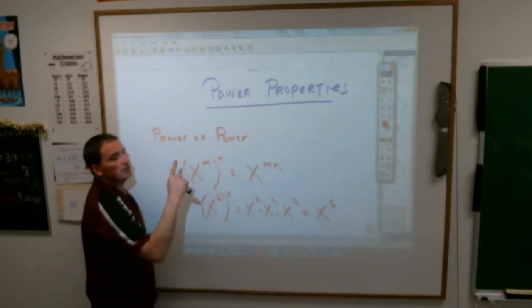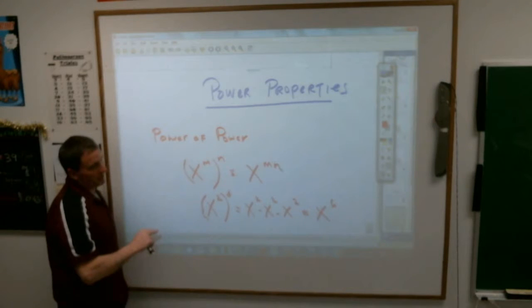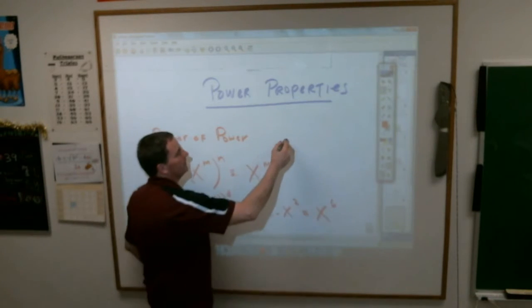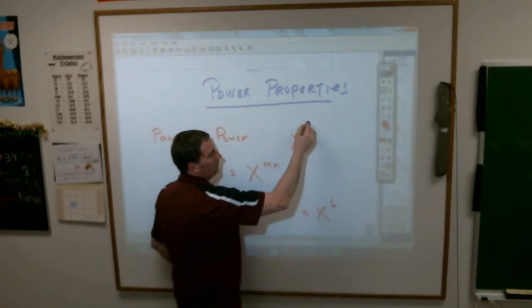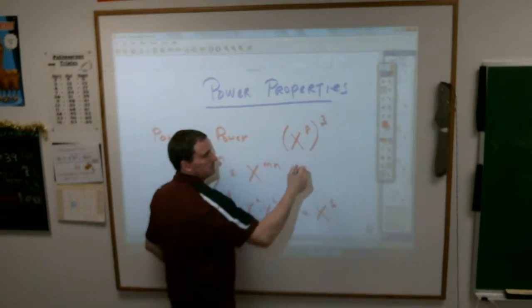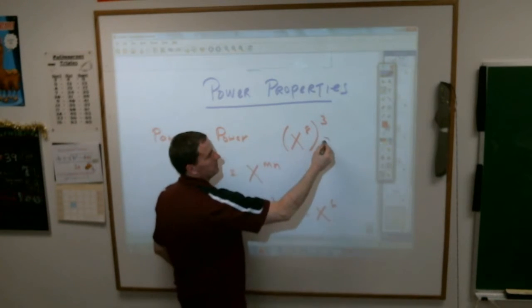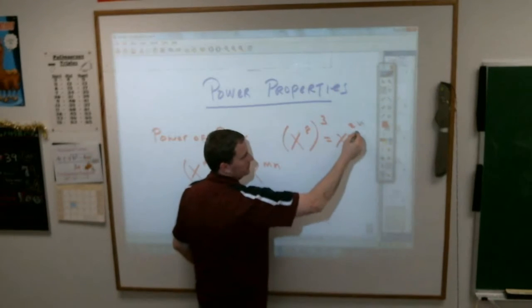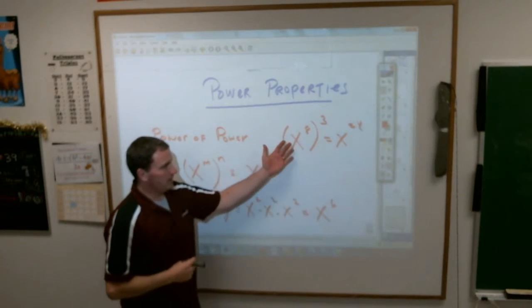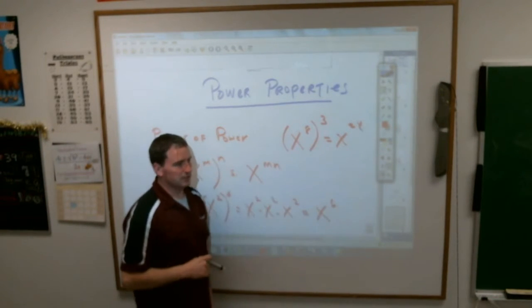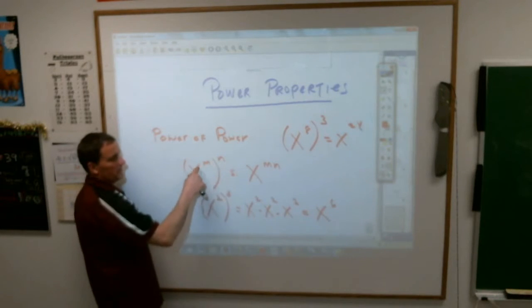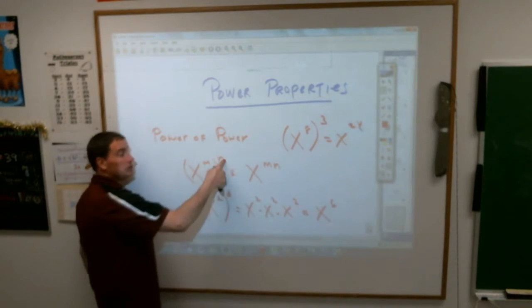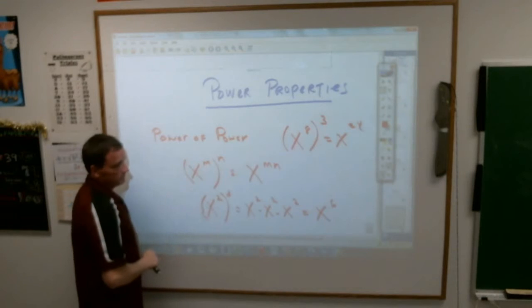If I have x to the 8th power cubed, it's just going to be x to the 24th power. Because you have x to the 8th times x to the 8th times x to the 8th. That's what this means.